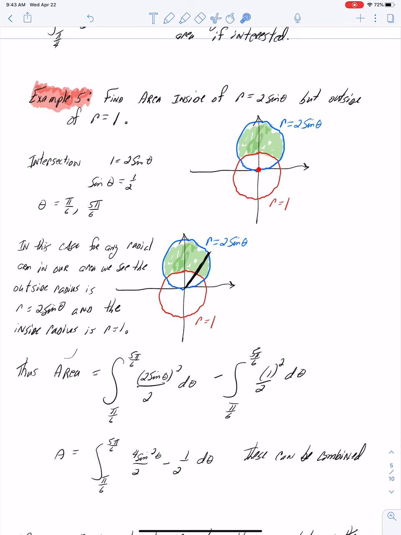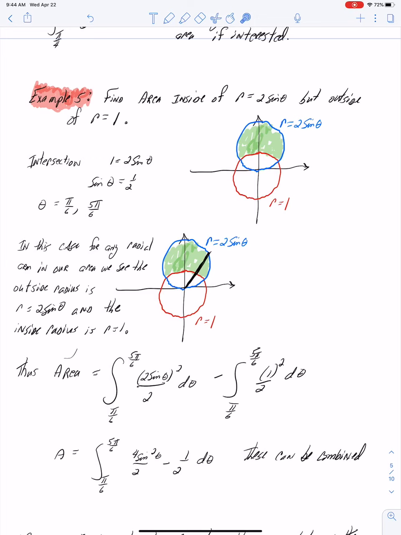That gives me actually the area of this piece in here as well as this piece out here. And then I subtract the area of this inside part.